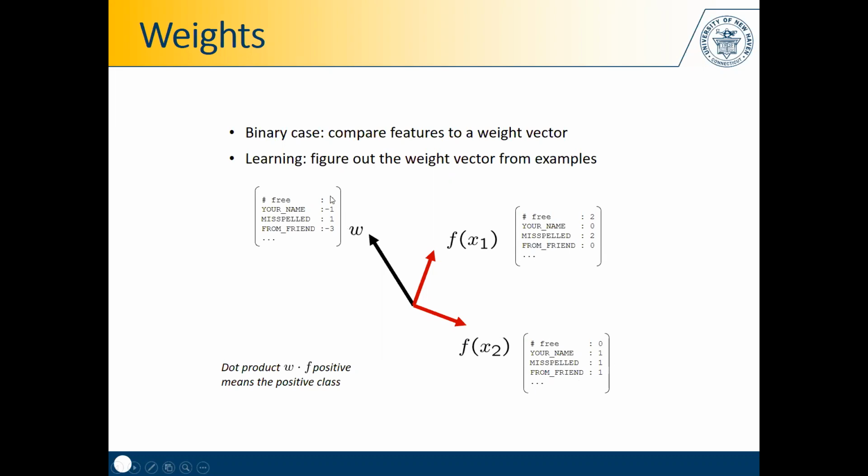It's 0 times 4, so 0 so far. 1 times -1, so far we have -1, plus 1 times 1, plus 1, plus 1 times -3, which is -3. So if you sum it all up, you'll see that the dot product of w by f(x2) is actually -3. It's negative, so it does not belong to the positive class. It means that this sample is not going to be classified as spam. Any questions?